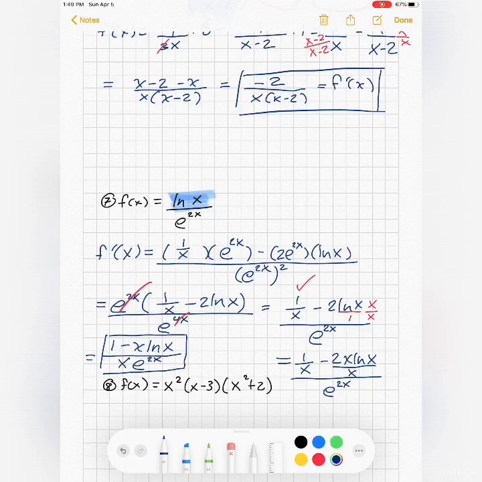So what am I missing over here? Missing a 2. 1 minus 2x ln of x, and then the x goes down with the e to the 2x. Okay, now I think I got it right.